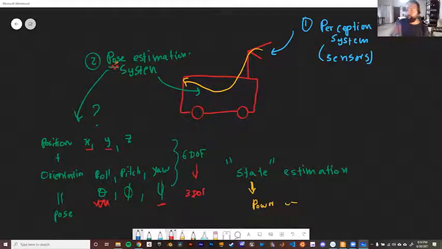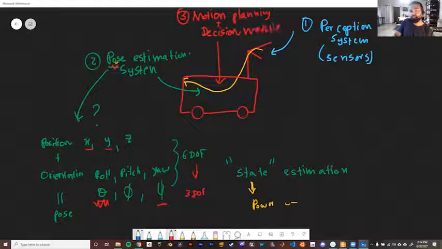Once it knows where it is, the next system that matters for a robot is the motion planning and decision-making system. The reason decision making and motion planning is important is that once it is getting the sensor information and knows where it is, it has to decide what's the safest path it can take in the environment.